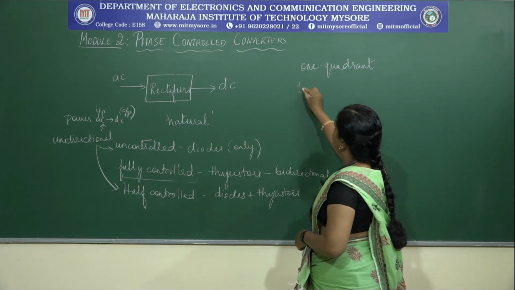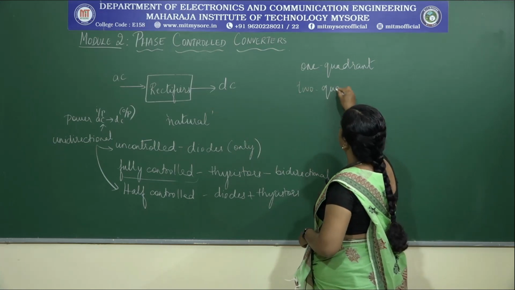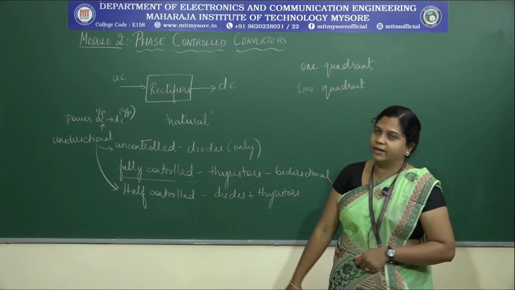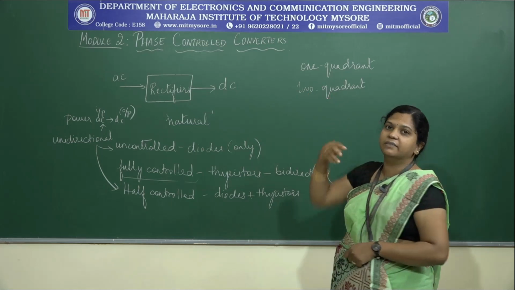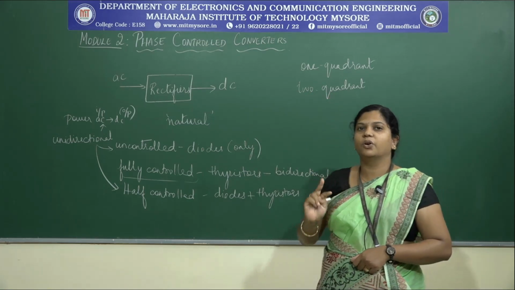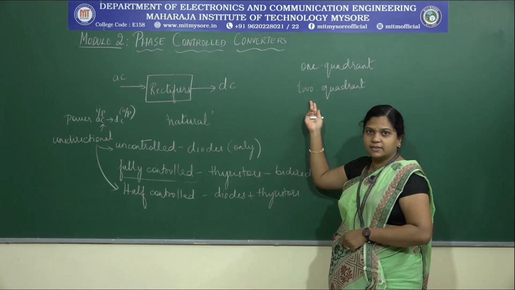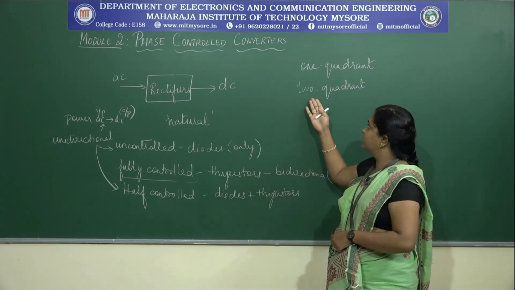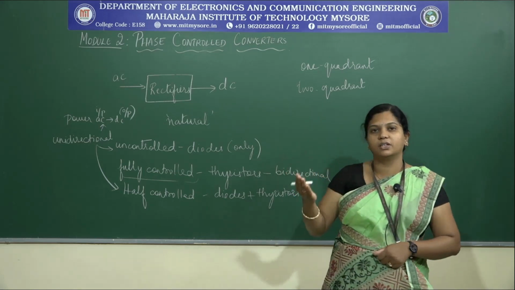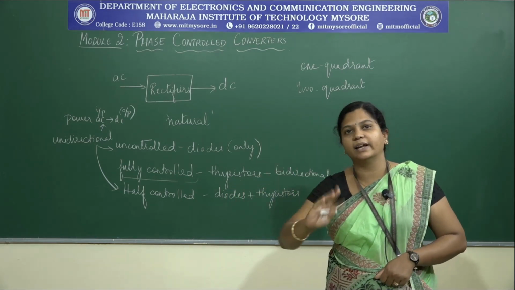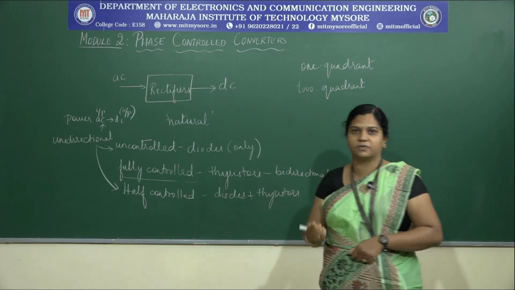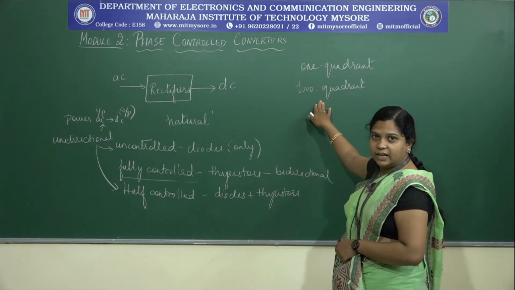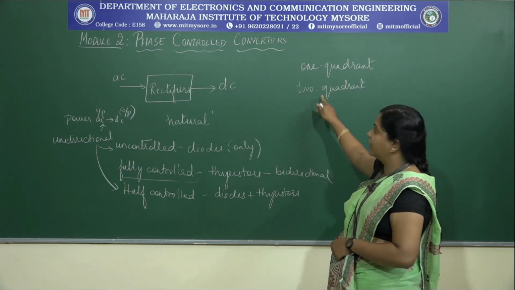Next, two quadrant converters. Depending on how many devices you are going to use, if you use two diodes or two thyristors in a circuit, then you will get a positive voltage as the output, but the current can be on the positive side as well as the negative side. Later, when we study the circuits in detail, I will explain how the quadrants lie.